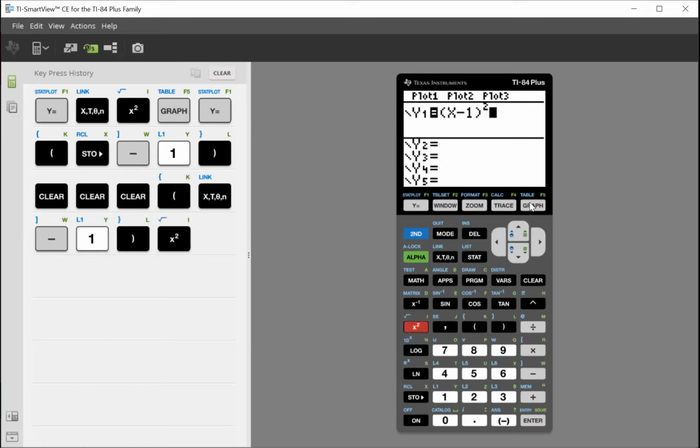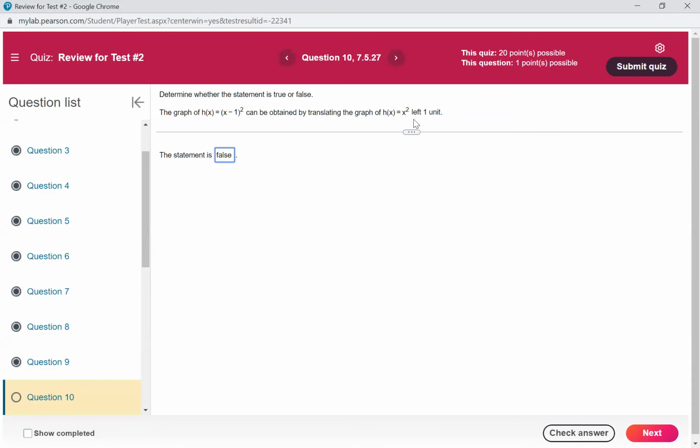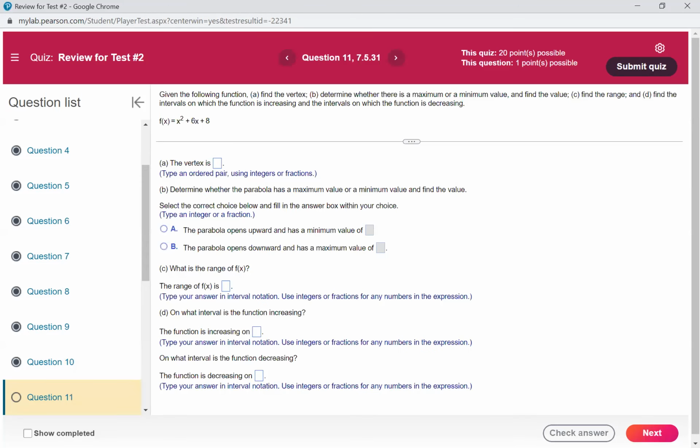Watch what this graph does when I put graph. Notice this graph didn't move left, it actually moved right. So that would verify what we just said. Okay, but they said left, so it is definitely false. So like I said, if you got trouble on those, graph that thing on your y equals, okay?